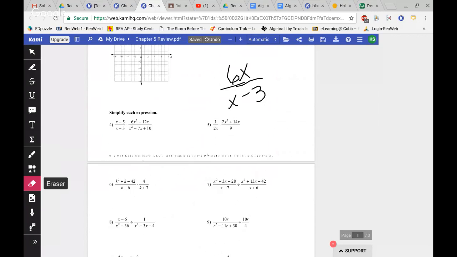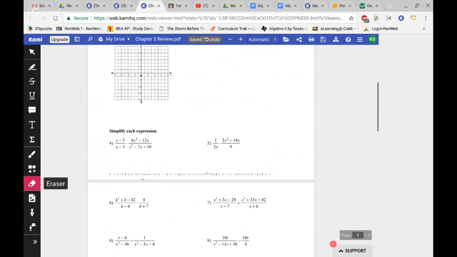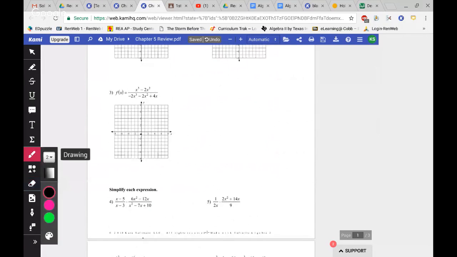And graphing. On the graphing, on the more complicated ones, the ones that have lots of letters and numbers on the top and the bottom, you need to factor.